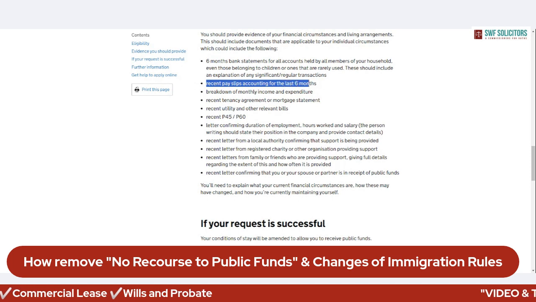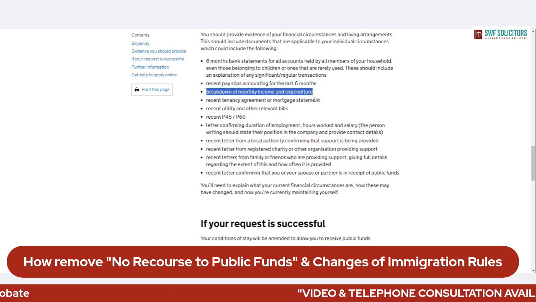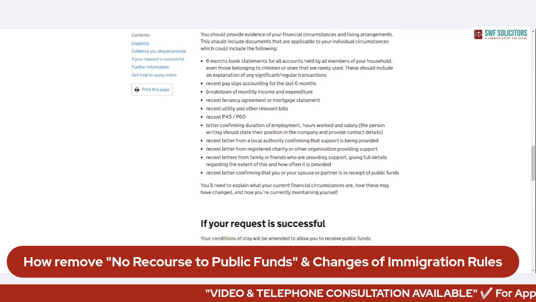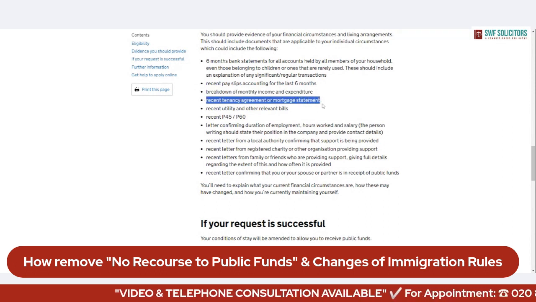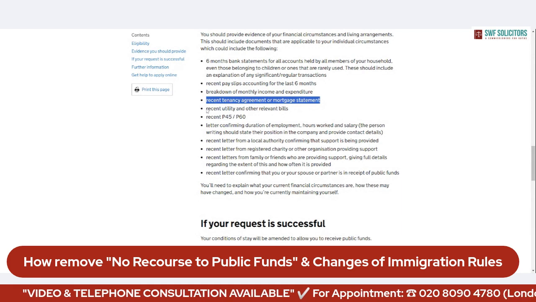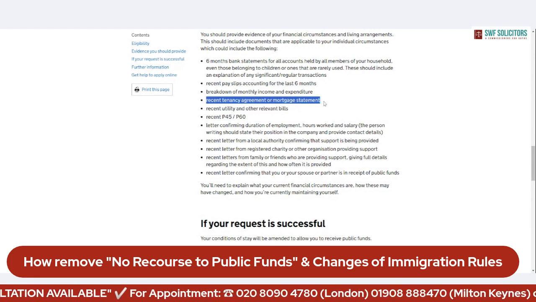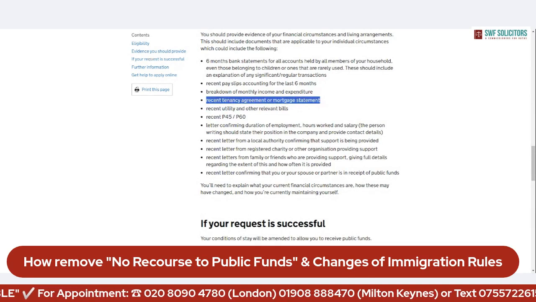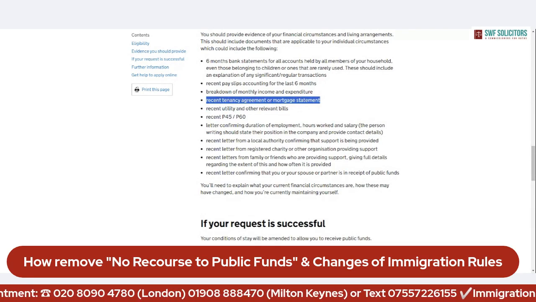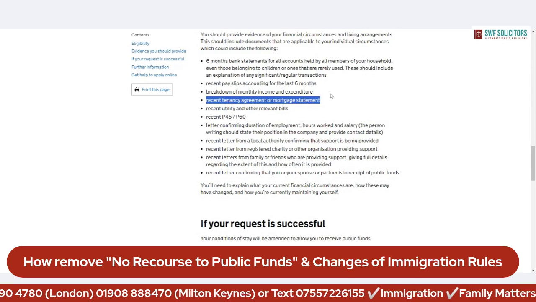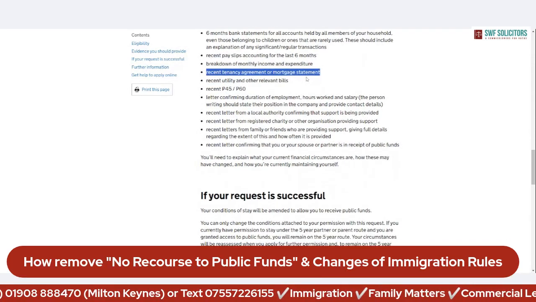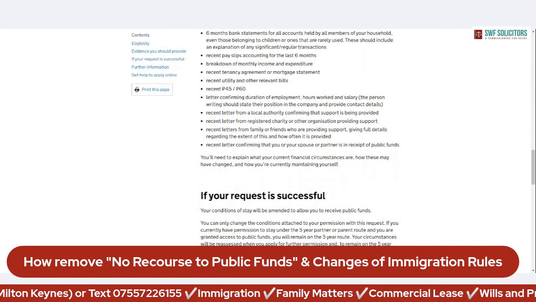Recent payslips and accounts for the last 6 months, a breakdown of monthly income and expenditure, which I already explained, a recent tenancy agreement, a recent mortgage statement. So this is important. Some people already own a house and they think that because they have a house, they will not get it. Still, you can get access to public funds if you have already bought a house, because you are paying a mortgage outgoing.